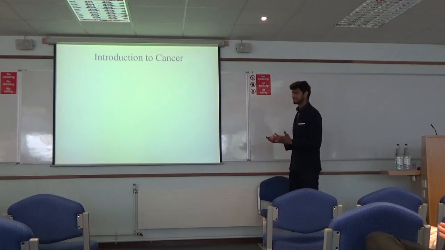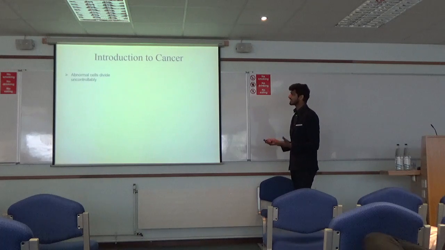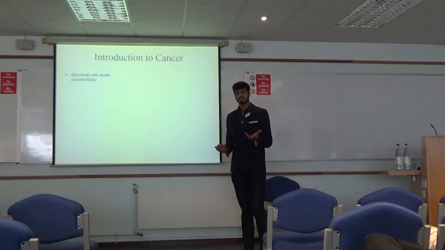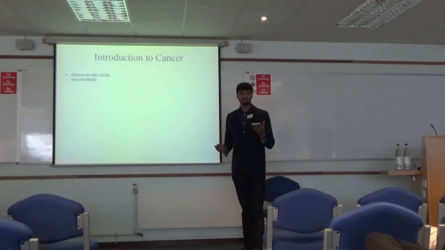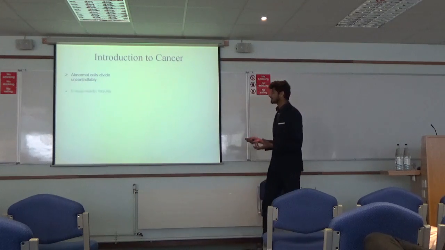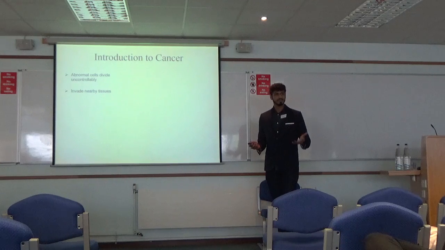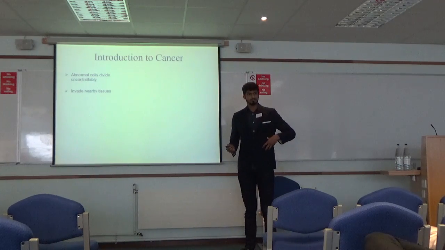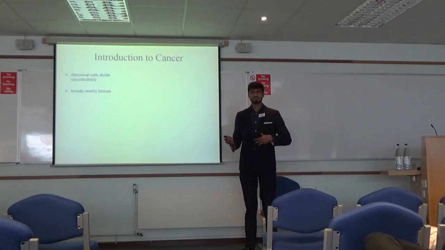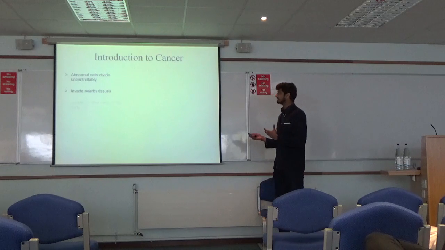So I'll introduce cancer in general, saying cancer is a group of diseases in which abnormal cells divide uncontrollably. What happens after that? It invades nearby tissues. As you can see, if the cancer starts from the liver, it can invade nearby blood vessels and spread to other parts of the body.